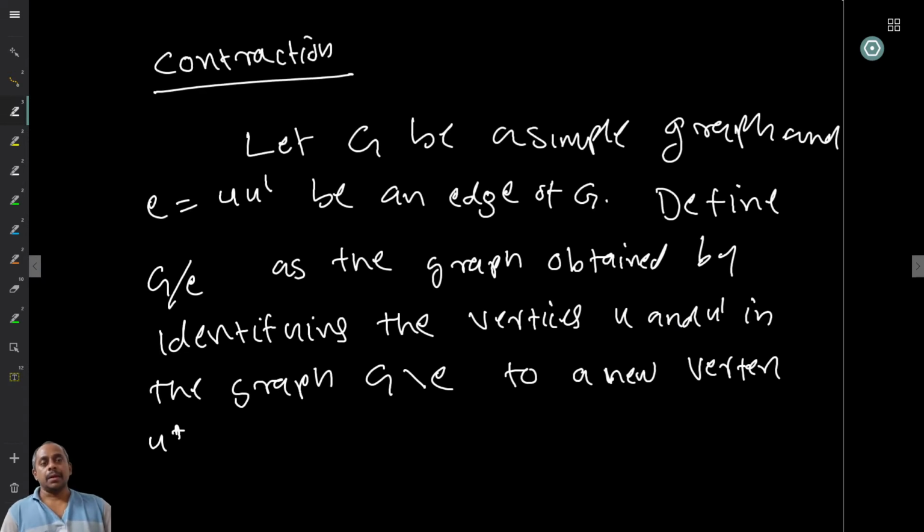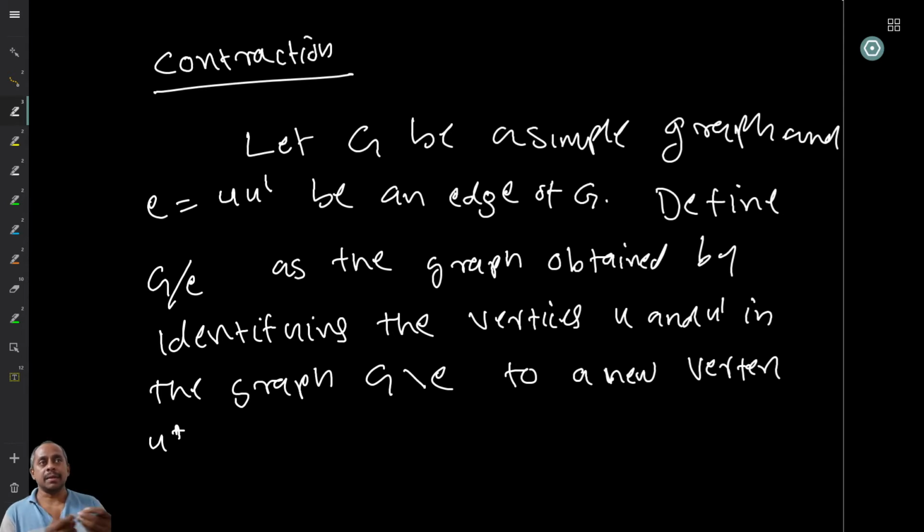Okay. Now a very important operation in graphs is called contraction of an edge. So the definition is as follows. Given a graph G, a simple graph, and some edge, let's say e = uu'. What I do is take the graph G and delete the edge e, just remove the edge. Then identify the vertices u and u' to make a new vertex, let's say u*. I am not doing anything to any other vertex, right?